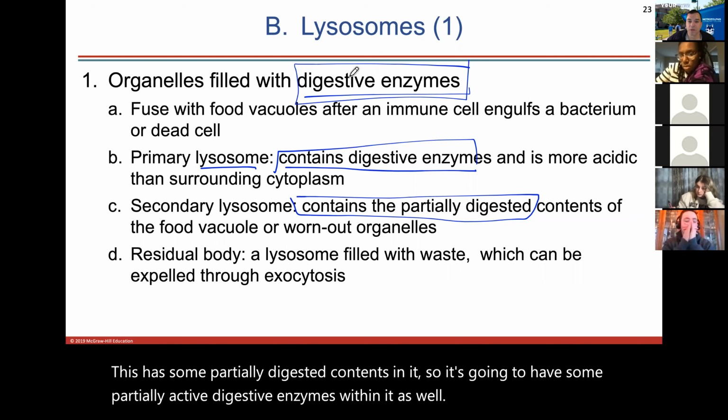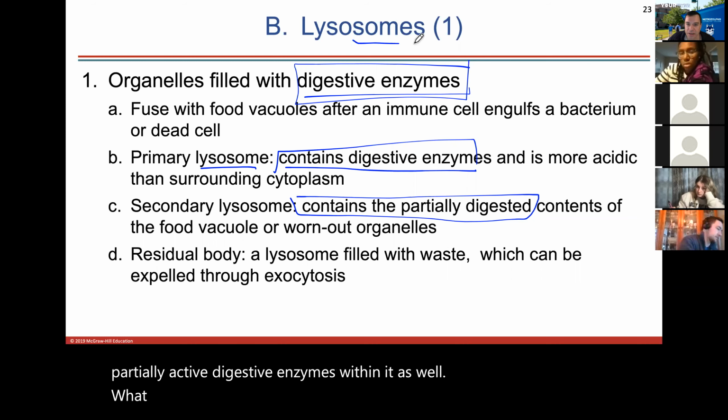Lysosomes, what does some mean? Anybody?